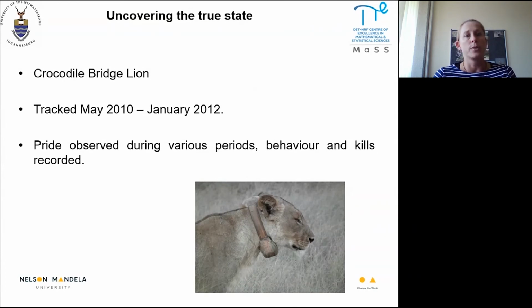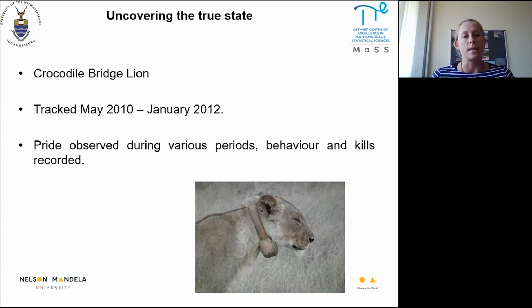This is quite unusual for hidden Markov models, or actually for any animal movement modeling, where we can actually uncover what the true state was. Normally collars are deployed, the animals move off, and we have very little idea of what they are actually doing during the time of observation.